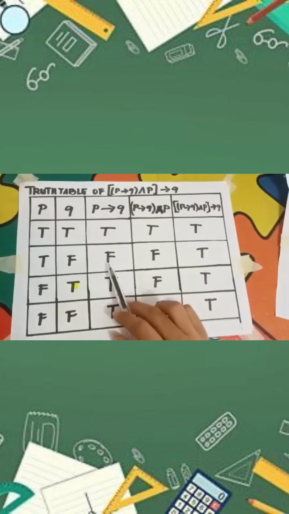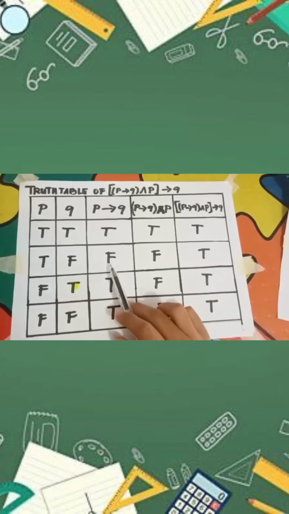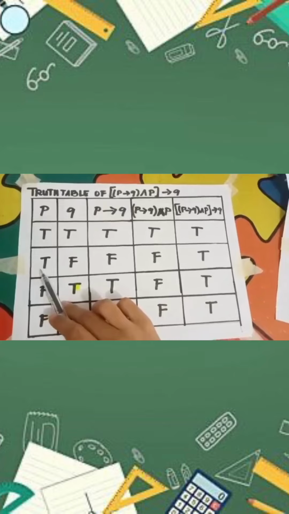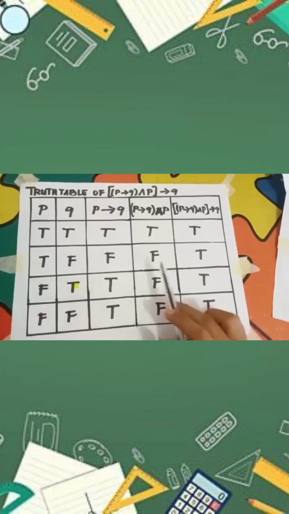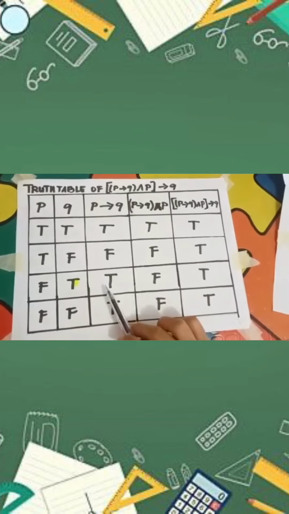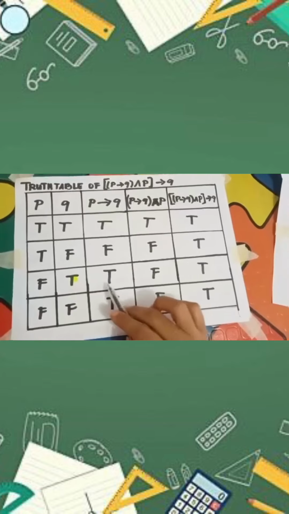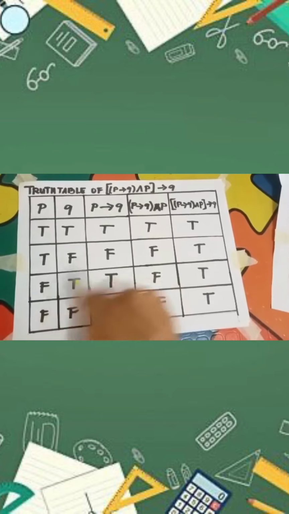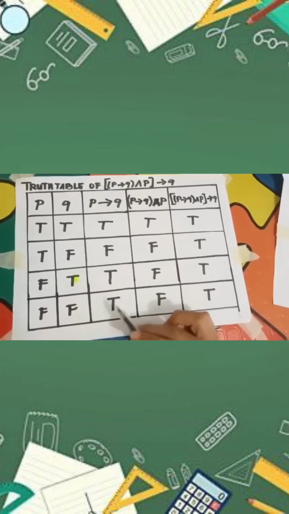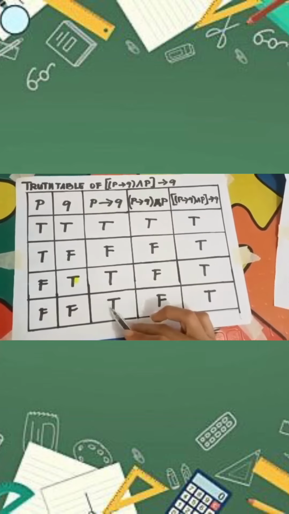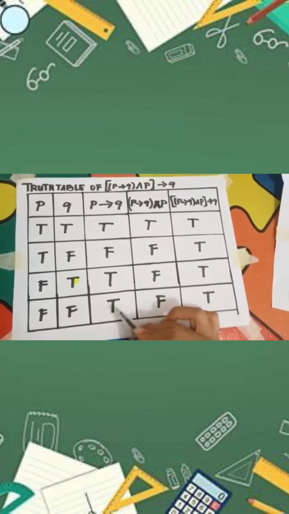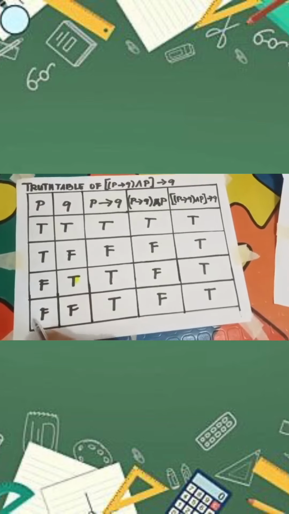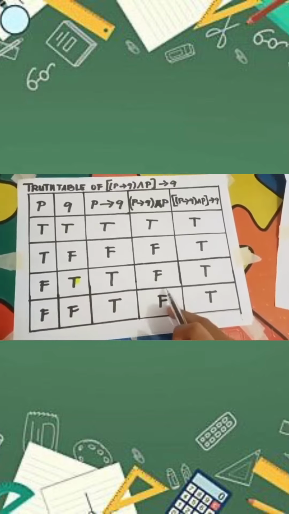If we have false in the first premise and true in the second premise, we have false. Next, if our first premise is true and our second premise is false, we have false. Next, if we have true in the first premise and false in the second premise, we have false.